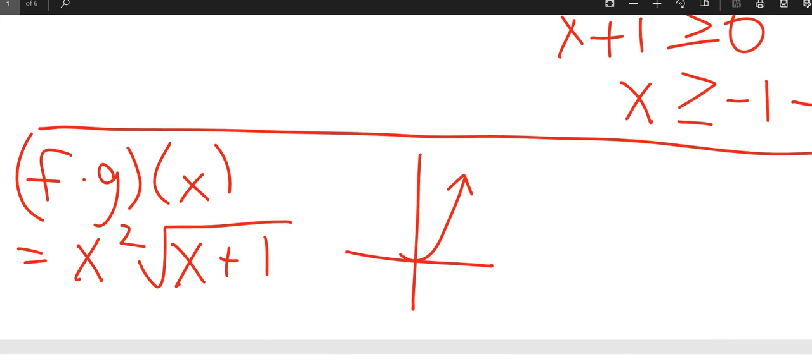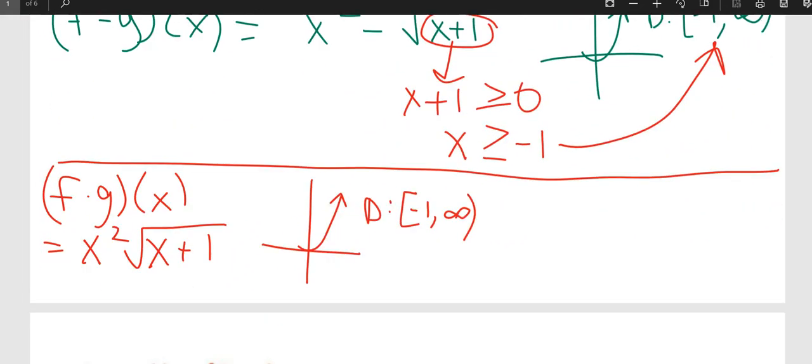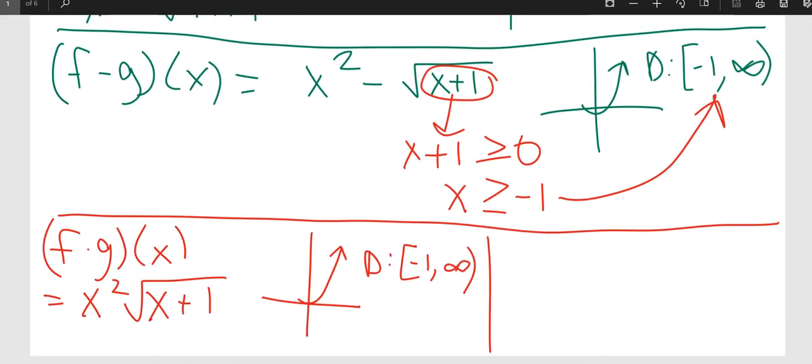What's your domain? What's your domain? Is it still the same? Yes? Okay. How about f divided by g of x?